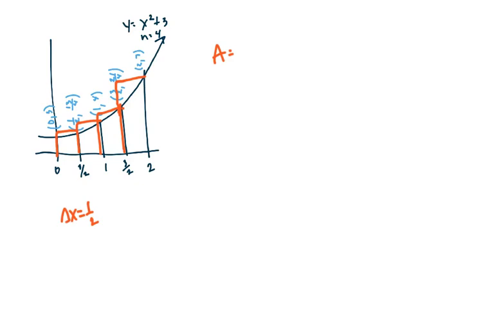So we say the area equals, can we put 1/2 out here? And the height of this rectangle is 13 over 4, plus the height of this rectangle is 4, plus the height of the third rectangle is 21 over 4, and the height of the last rectangle is 7.